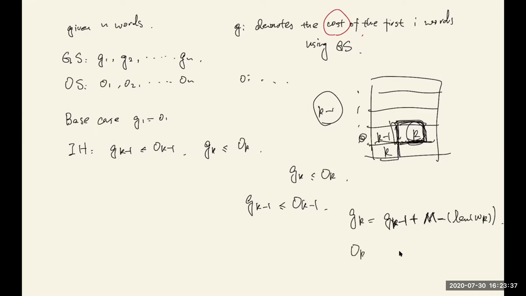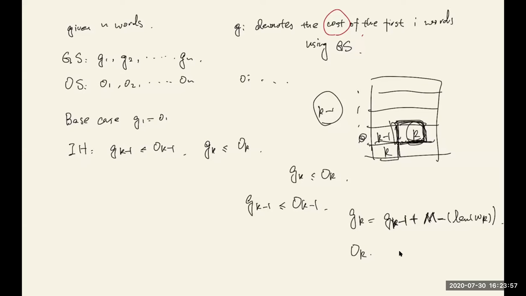But for O of K, we don't know the structure of O of K. We know nothing about where the K-1 words would be located if we're using another strategy.